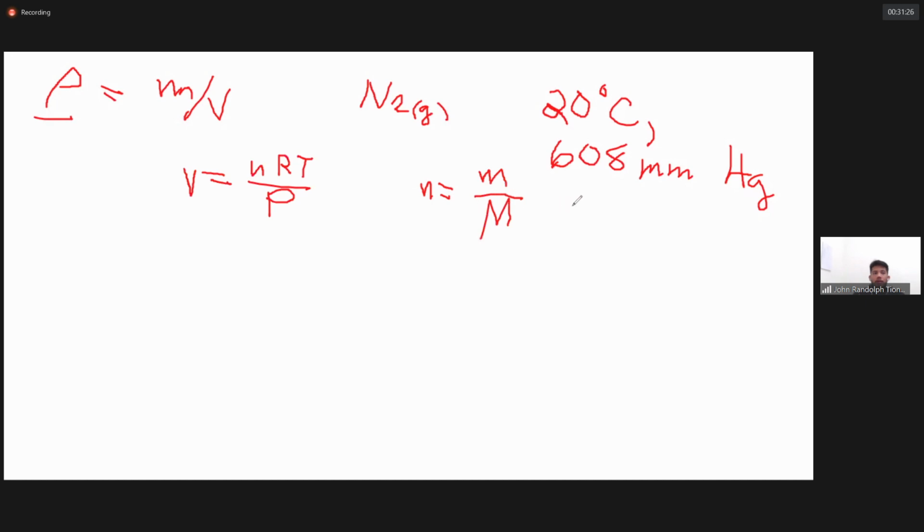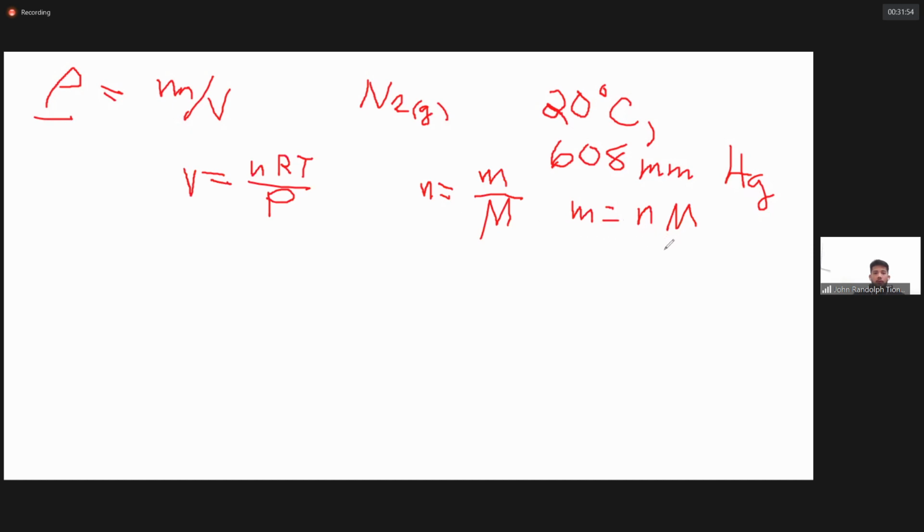So manipulating the formula, you get mass equals, what do you call this one? n, M. Di ba? Mass equals nM. Then you can solve there. Ito yung formula natin, nM.